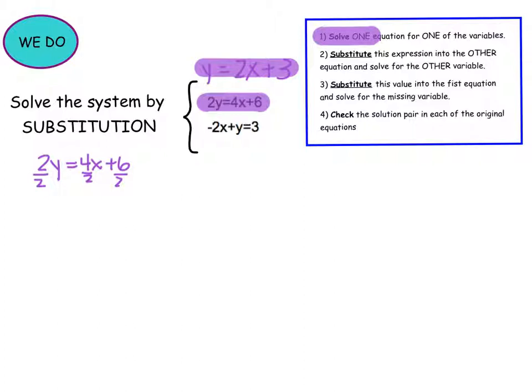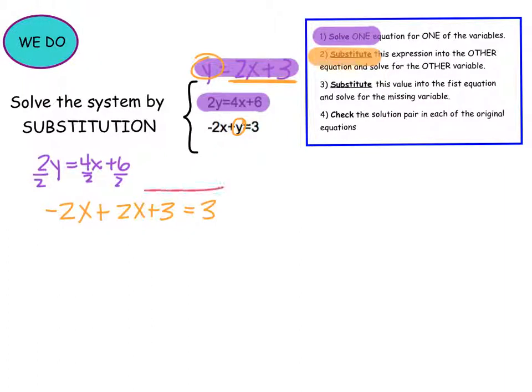So notice here we actually had to do step 1. But now we're just back to where we were before. Step 2, substitute this in for every y I see in the other equation. So I'm going to have minus 2x plus 2x plus 3 equals 3.